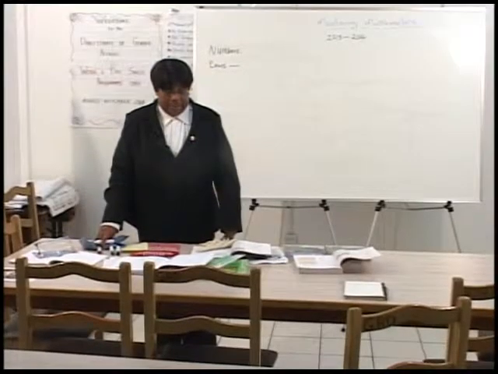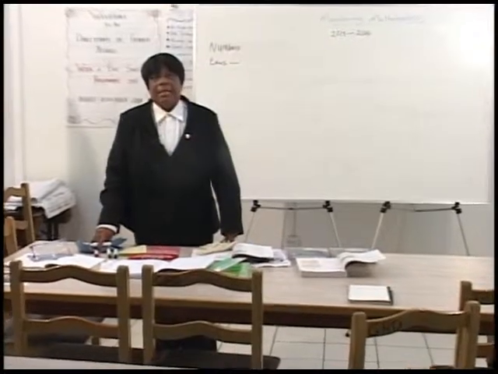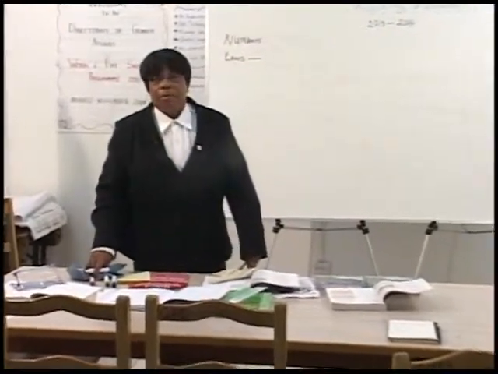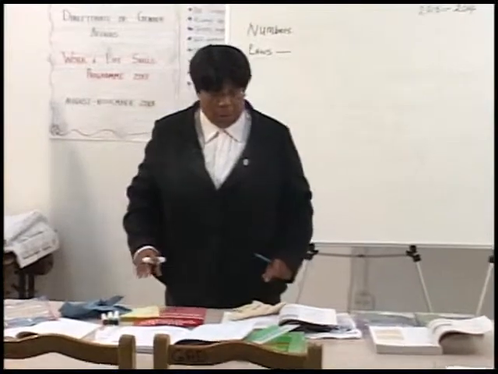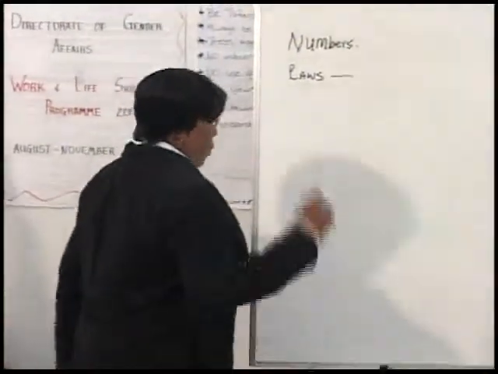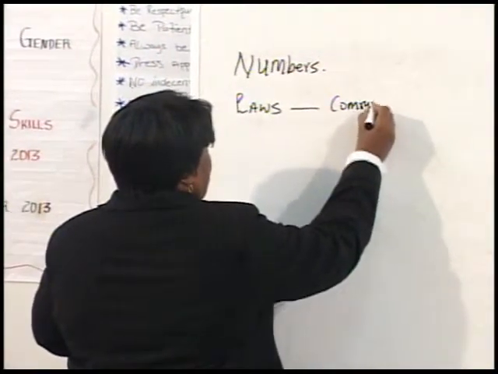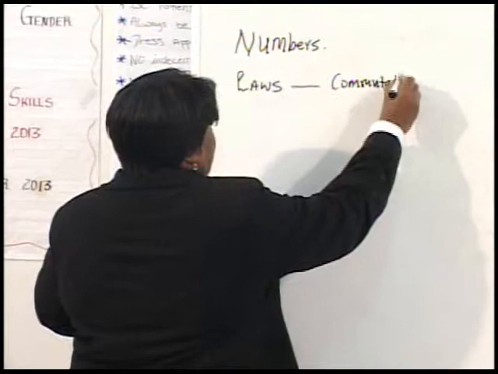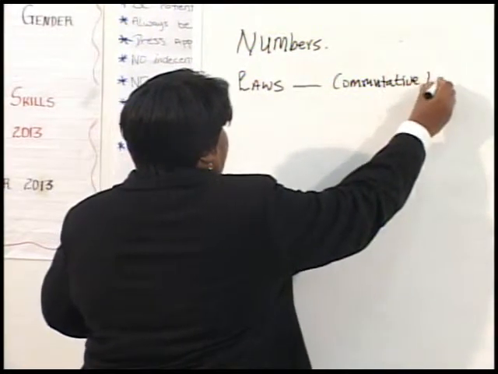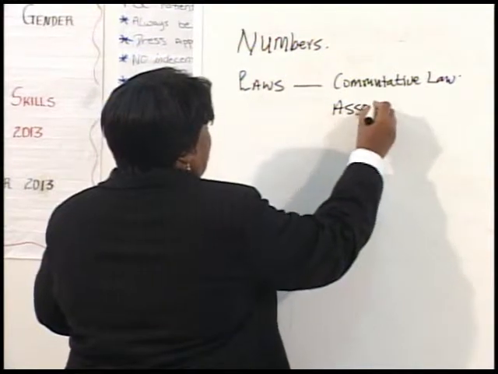Right, so we are back. You did take your break, and now we have wrapped up and we're talking about our laws. The first one we did was the commutative law. The second one was our associative law.